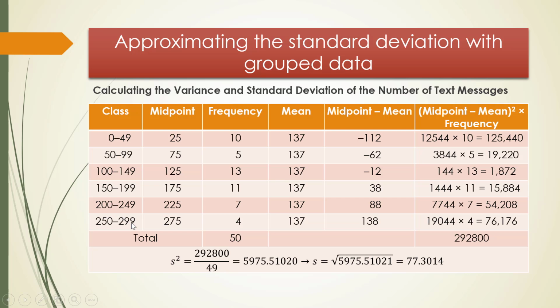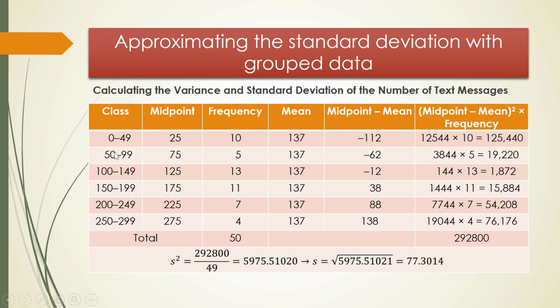To find the variance or standard deviation, we need to find the mean. Remember, in the last video I showed you how to approximate the mean for grouped data. We need to find the midpoint, then use the midpoint as a representative for each class. For the first class, to find the midpoint, we add the lower class limit and the lower class limit of the next class and divide by 2. So 0 plus 50 divided by 2 is 25.